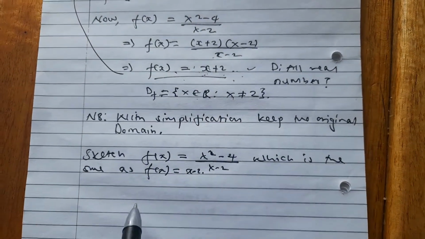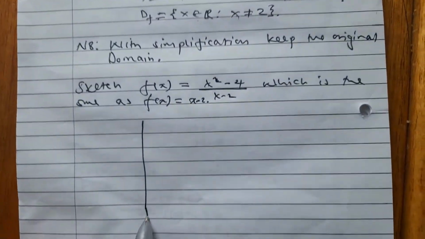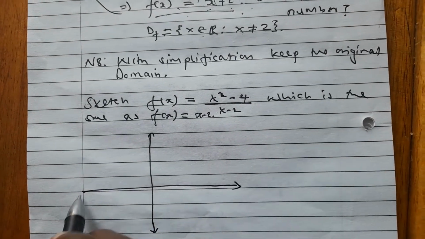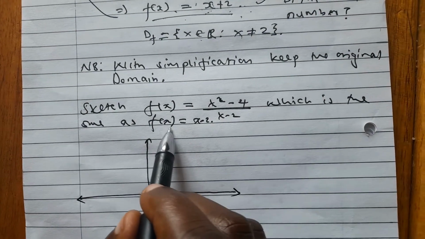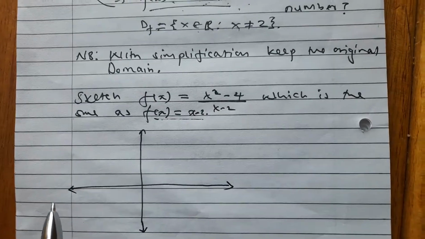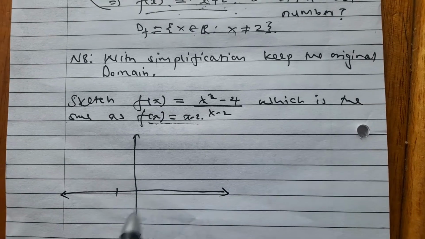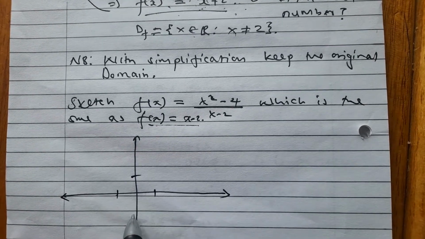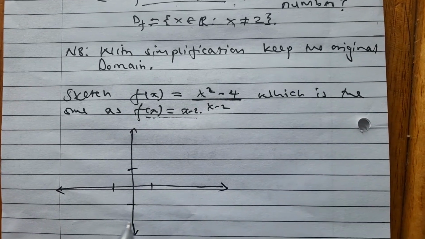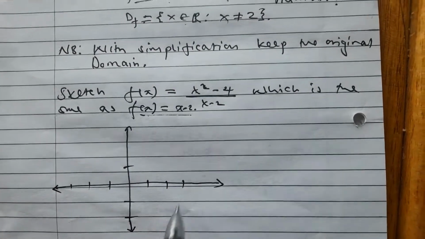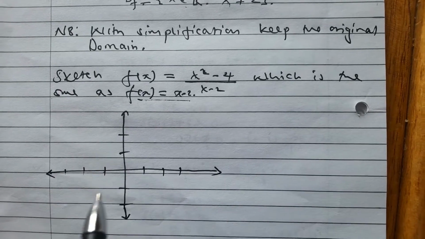So we need to come up with a sketch of that particular function, and this can represent the sketch of that function. It is easier to work with the simplified form when it comes to sketching. Now you realize, suppose this is 1, 1, 1, 1 like that. Then 2, 3, 2, 3, 2 like that.